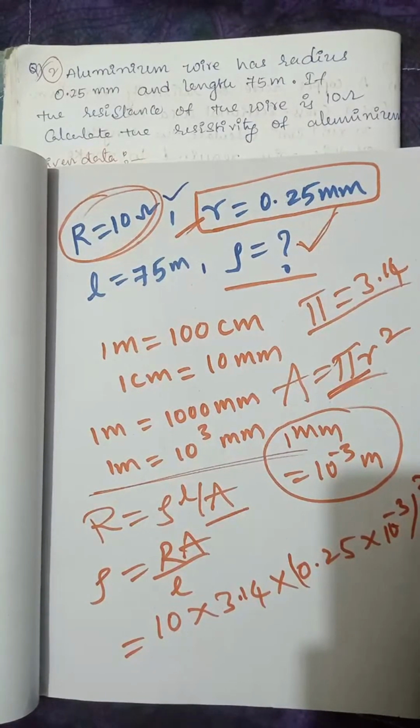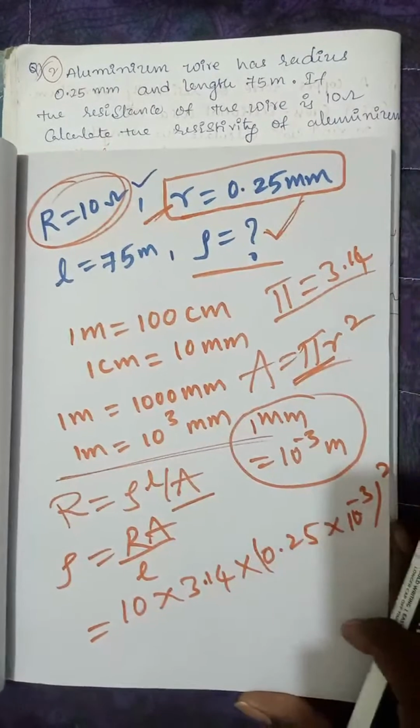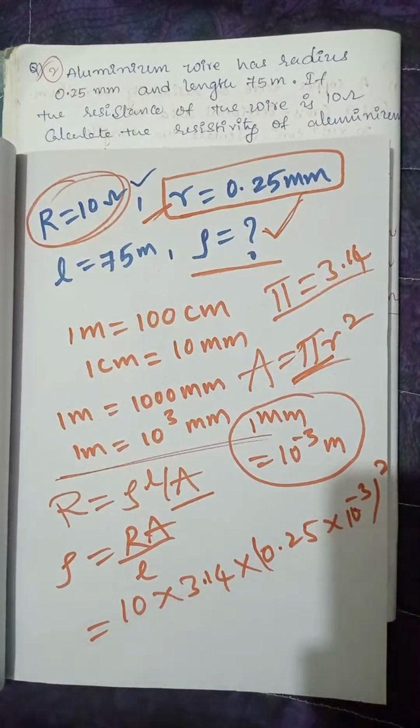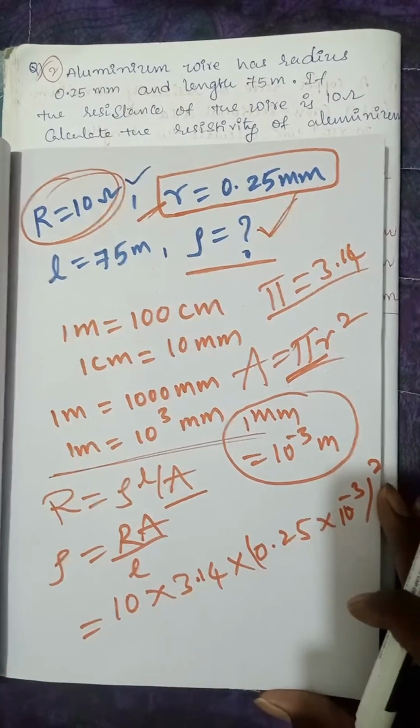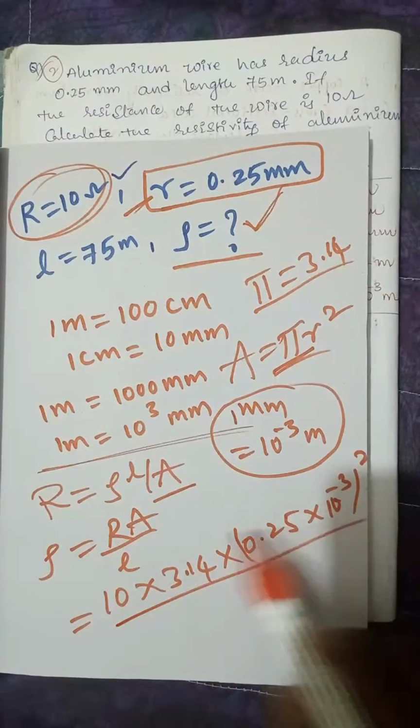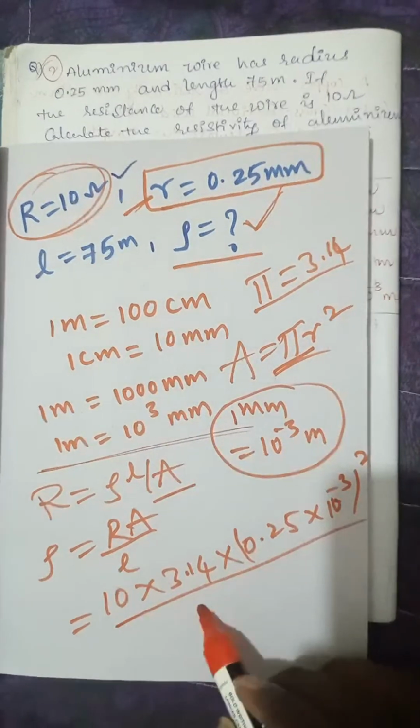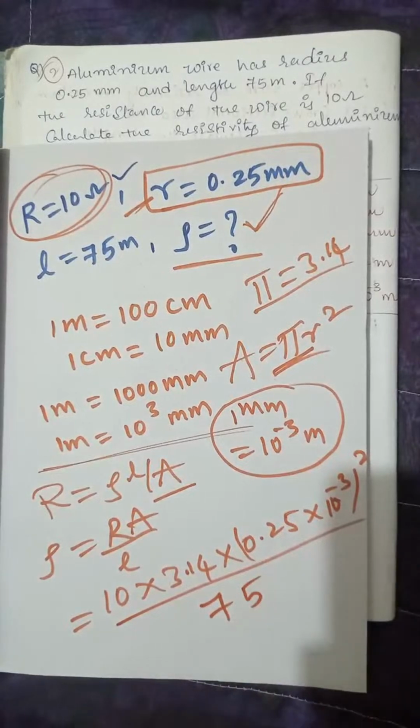We have to take the square, divided by the length, which is 75. If you solve this one, how much will you get? Check once.